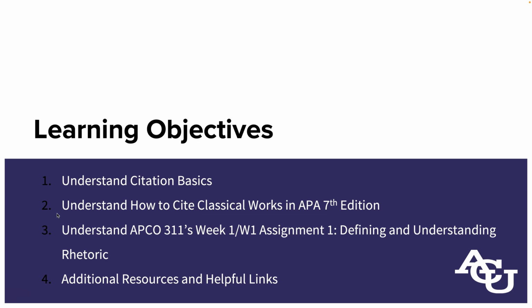Now, I will say before we dive in that there is a fair degree of house ruling involved when working with the classics. There is a full, formal, most informative way that you can cite things in APA style, and many professors will allow you to use the common citation practice just to keep things from getting cluttered, or because they expect that it's something that you would learn if you were going deeper into this, but might not require that full rigor, that full detail for an undergraduate class.